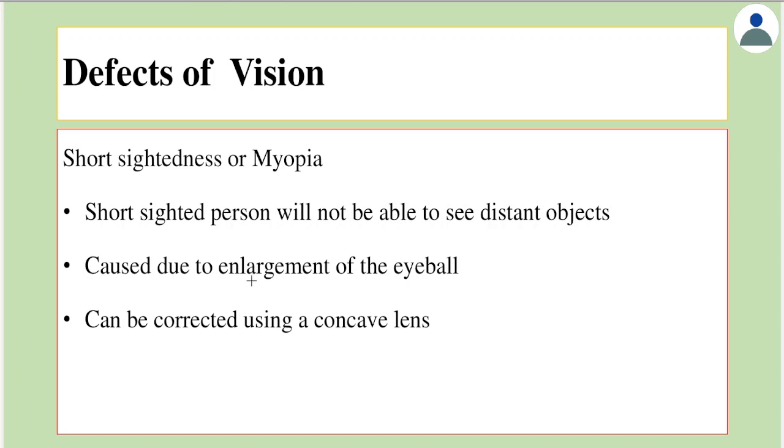This is caused due to the enlargement of the eyeball. The enlargement is not very significant, it's a very minute enlargement, but still this is sufficient to cause the defect, and this defect can be corrected by using a concave lens. You will see this one by one now.